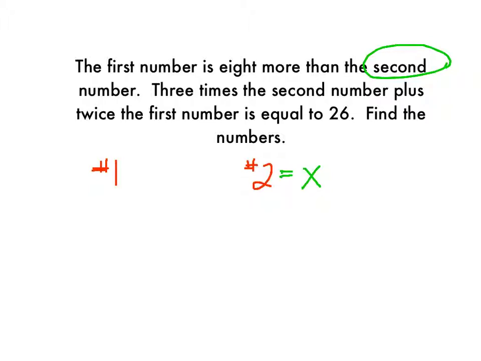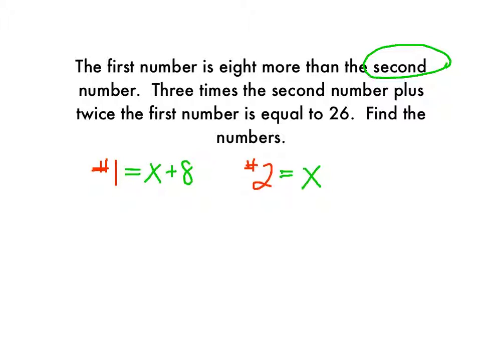So if I go back to number 1, the first number is 8 more than the second. Well, more than represents addition. So the second one is x. 8 more than that would be x plus 8. So now I have my two comparisons. That's all the information that the first sentence tells me.